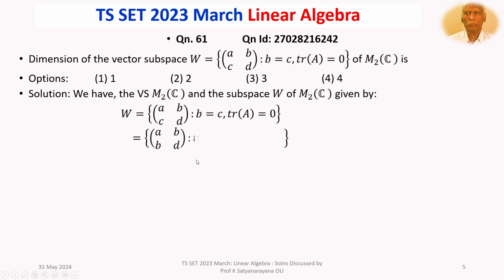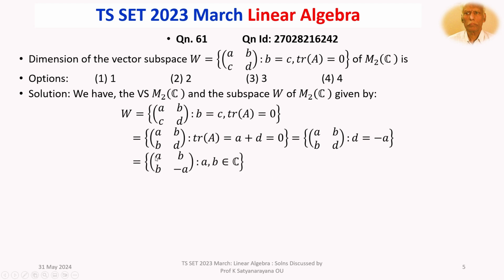Replace C by B, and trace of A is A plus D, that is equal to 0, means D is equal to minus A, and replace D by minus A. So then you will get the set of all matrices [A, B; B, minus A], where A, B belong to the field of complex numbers.